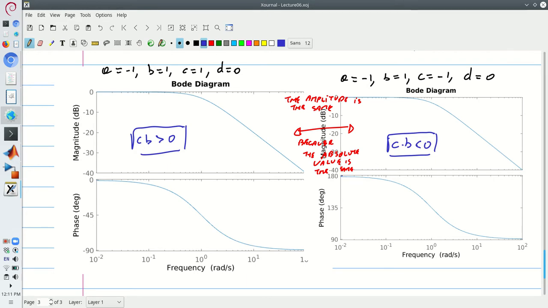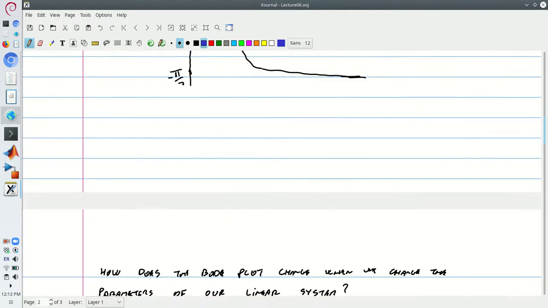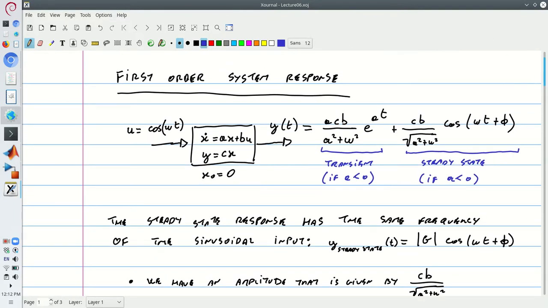Here instead the phase starts from 180 because it's negative, so if you go back to our expression here, if this is negative, you can modify this quantity here, and we'll do that in a second, by taking the absolute value of CB and modifying the phase of phi by a 180 degree shift.